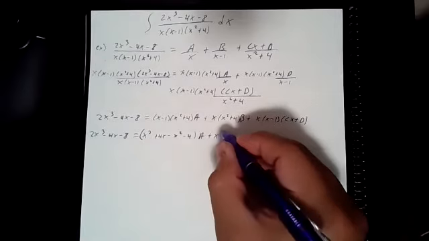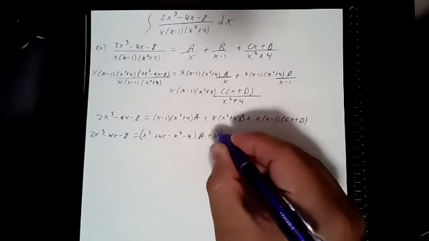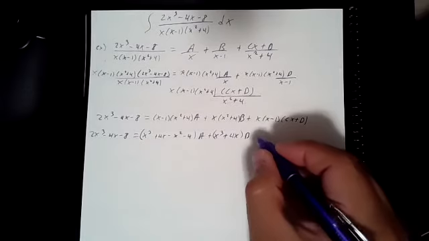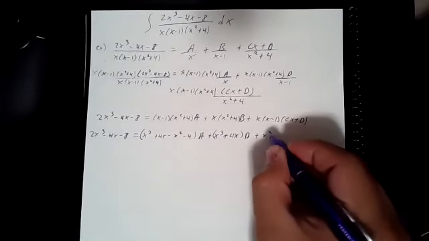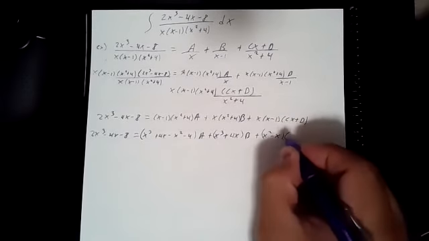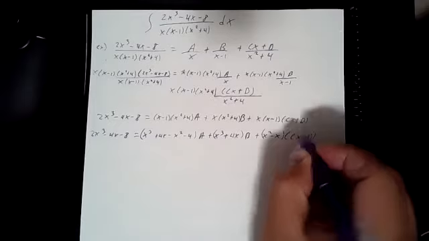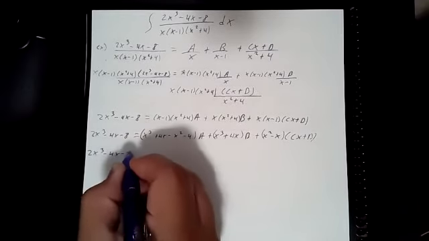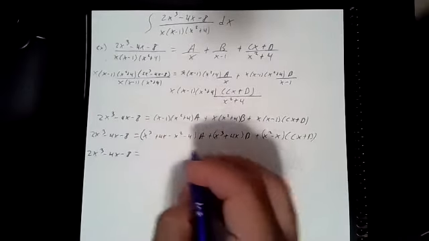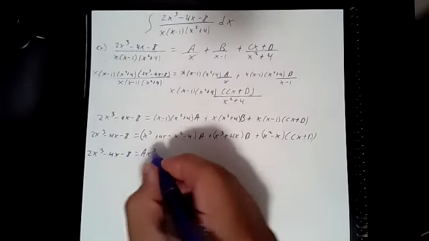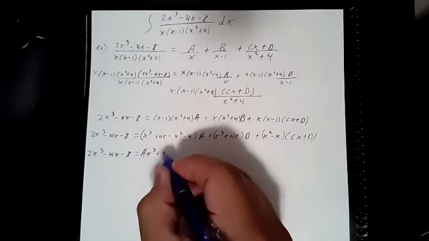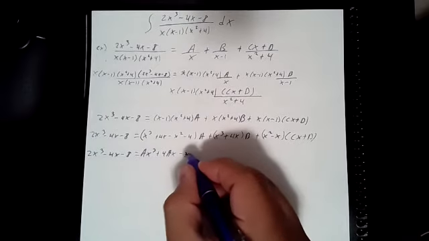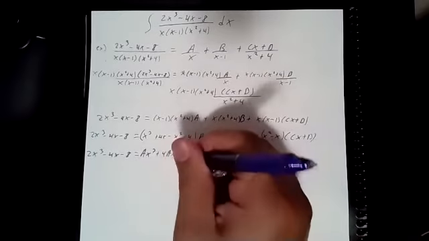This will be x cubed plus 4x times the B. This will be x squared minus x times Cx plus D. So then we get Ax cubed plus 4Ax minus Ax squared.